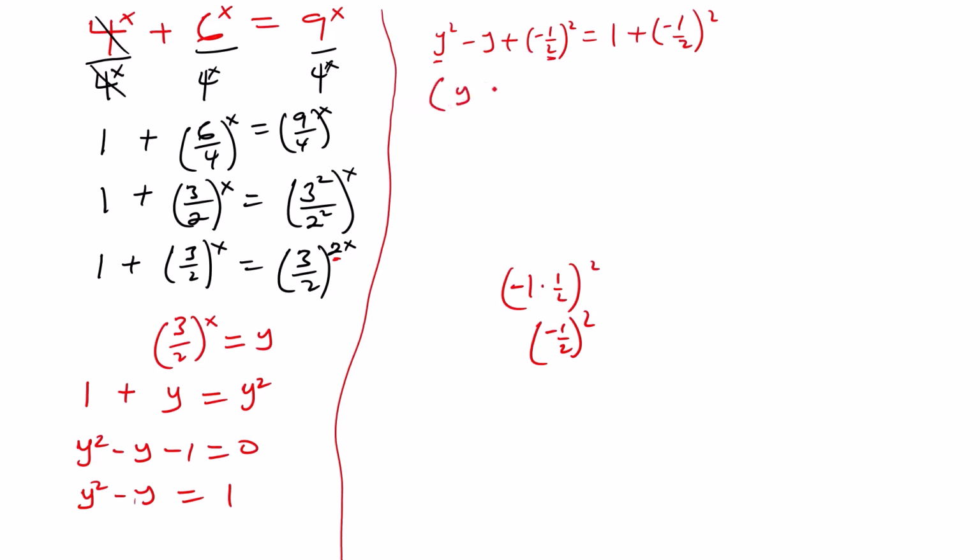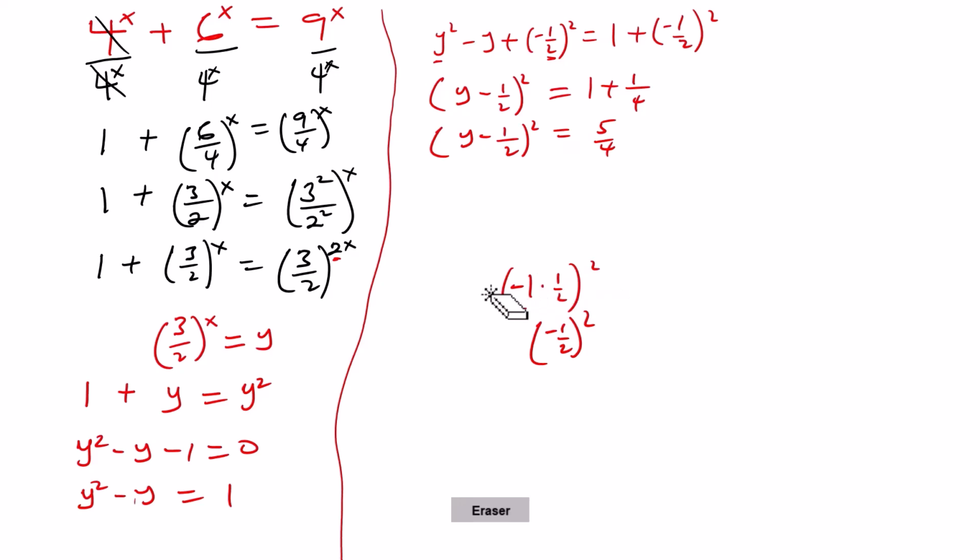We have y minus half all squared, and when you expand you get the same thing, equals 1 plus 1 over 4. Now let's simplify this. So my next step will be y minus half squared equals 5 over 4.